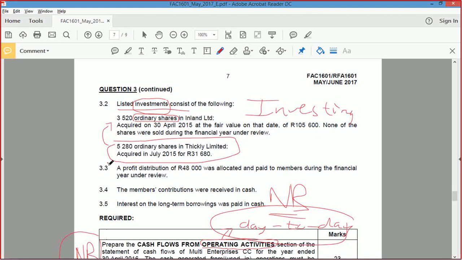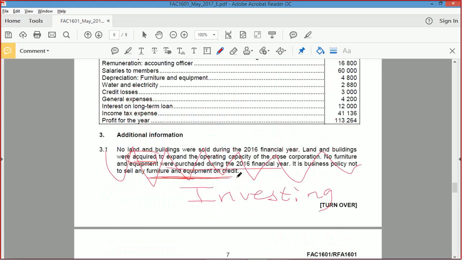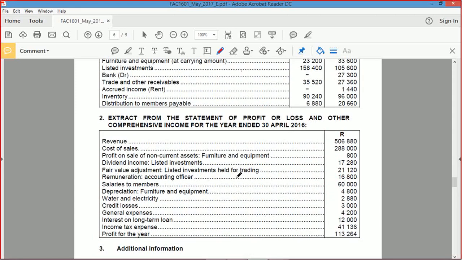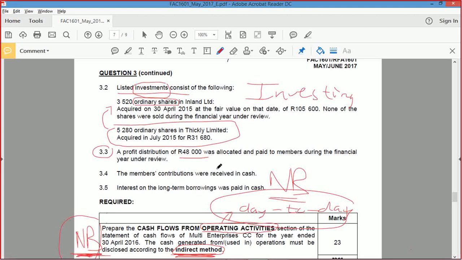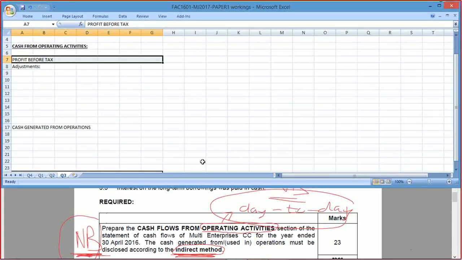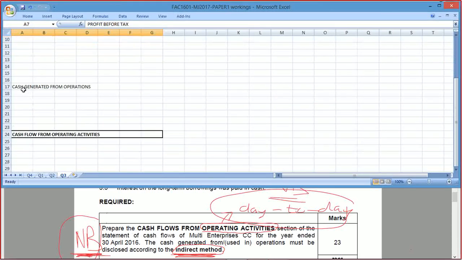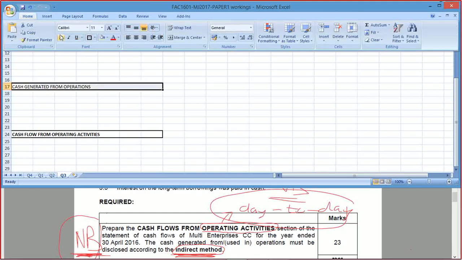Do I need 3.3? A profit distribution of 48,000 was allocated and paid to members during the financial year. Of course I do. Operating, financing, or investing? Operating. Good. Profit is a payout of day-to-day income and expenses, right? They even told you how much they paid out: 48,000. That's nice and simple. You go to your cash generated from operations, that's the subtotal.